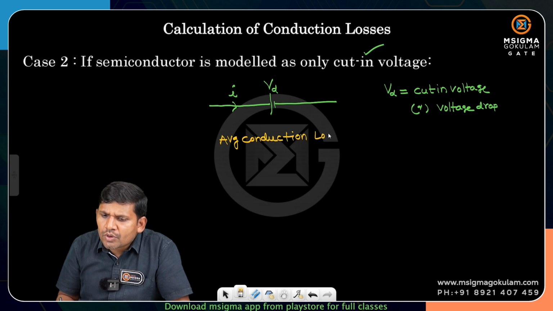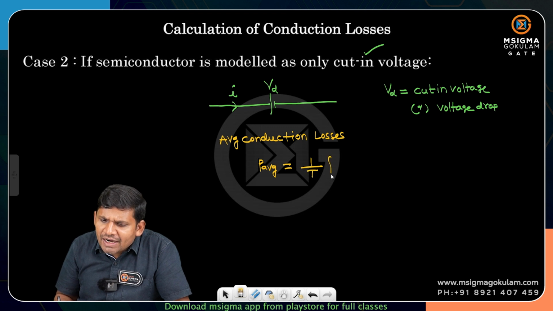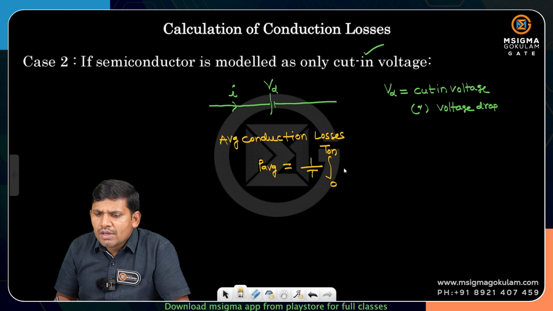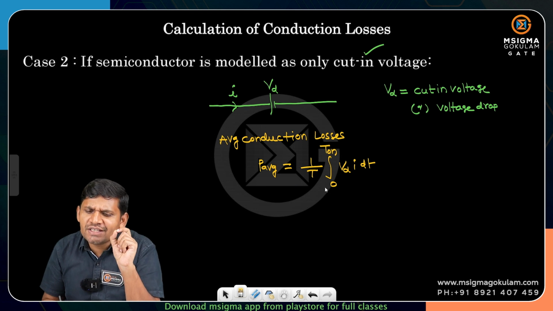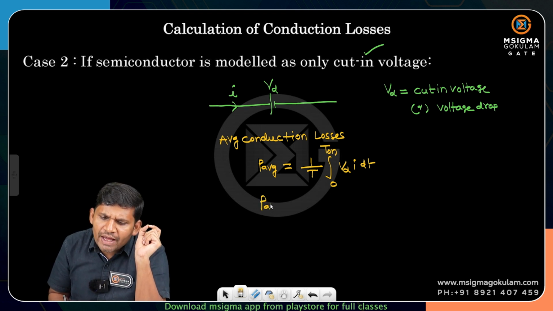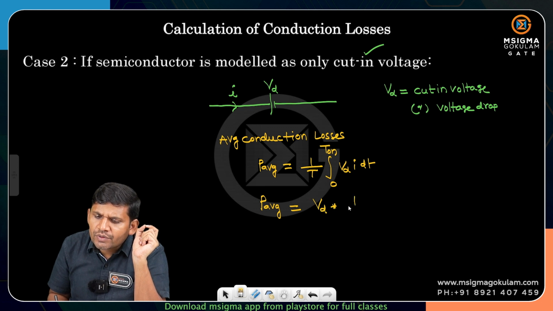P average equals 1 by T, but the conduction losses are calculated during T on only, 0 to T on, that is Vd into I into dt. But the voltage drop is constant, so the average conduction losses equal Vd, constant, into 1 by T integral 0 to T on, I dt.